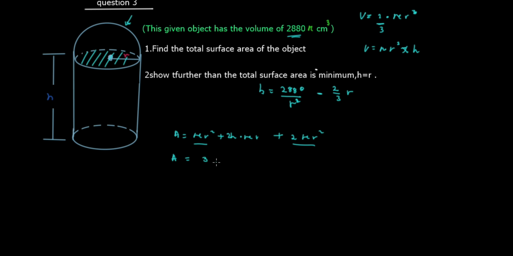Means it's going to be 3 pi r squared plus 2h pi r. Let's substitute whatever we have now. It's going to be 3 pi r squared plus 2 pi r.